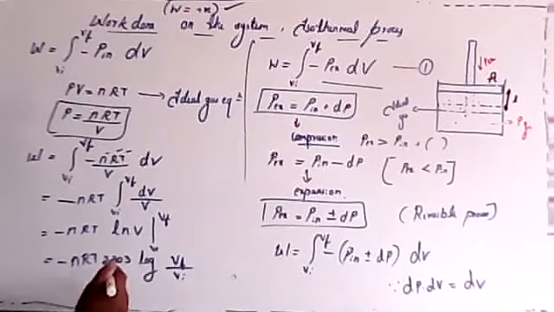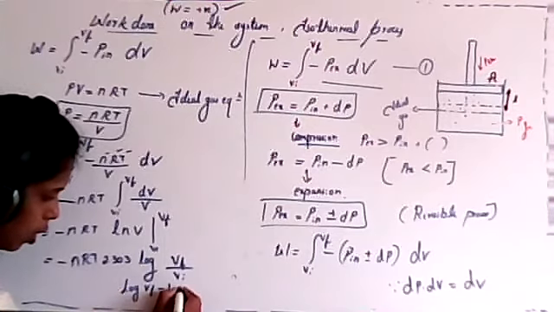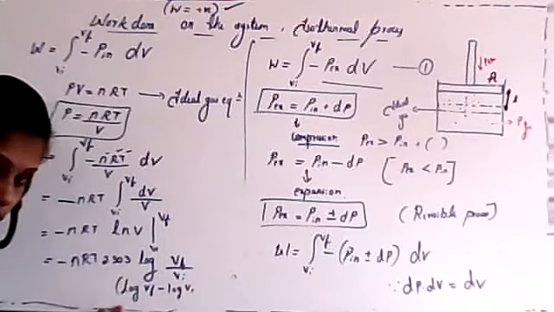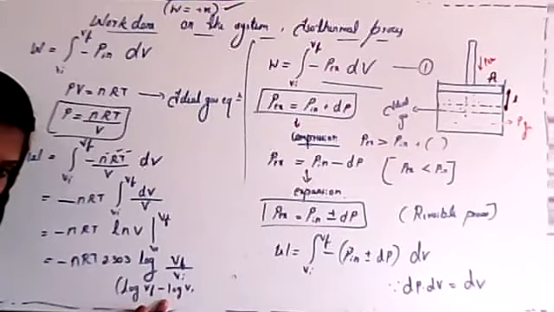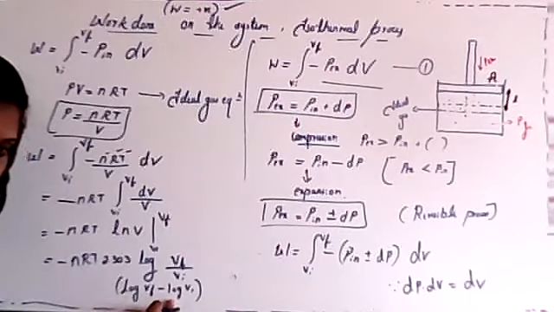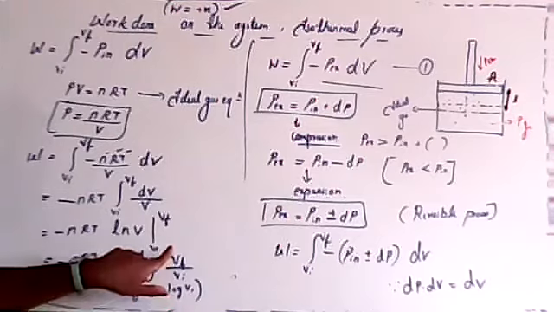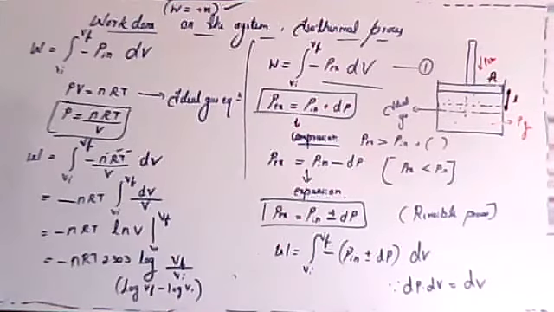Actually you'll get log of Vf minus log of Vi, but log A minus log B equals log A divided by B. Is it clear how this equation comes?